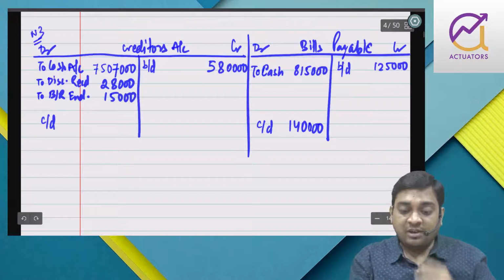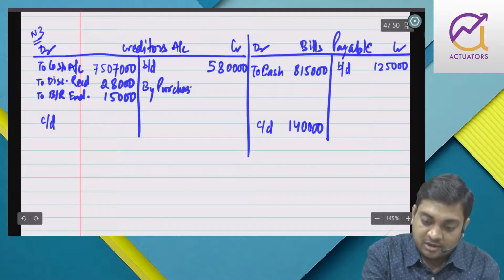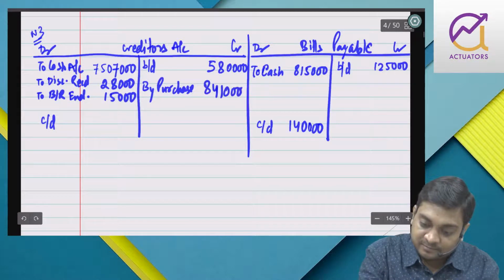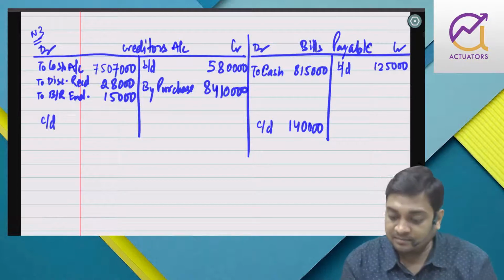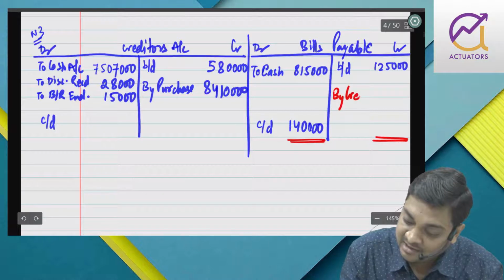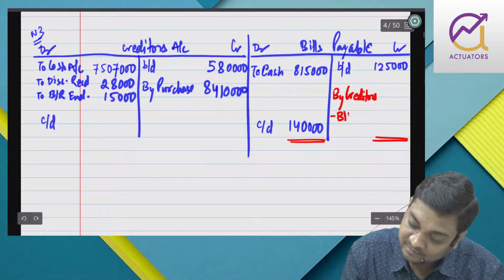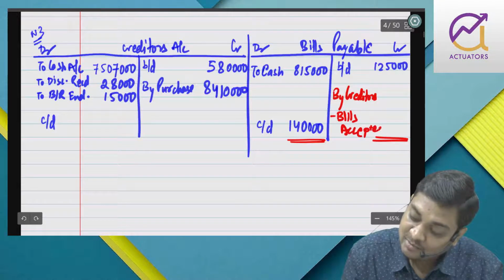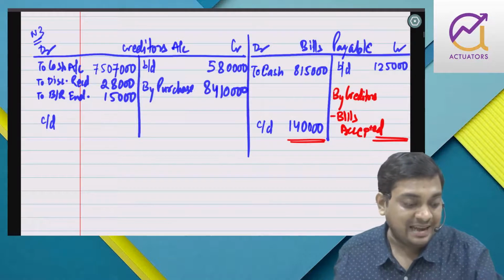Right, then we got purchase from the trading account, assuming all on credit. Now first of all I will get the bills payable balancing figure, that is, by creditors bills accepted during the year. That was in debtors, bills received during the year. So it is coming to 8 lakh 30,000.